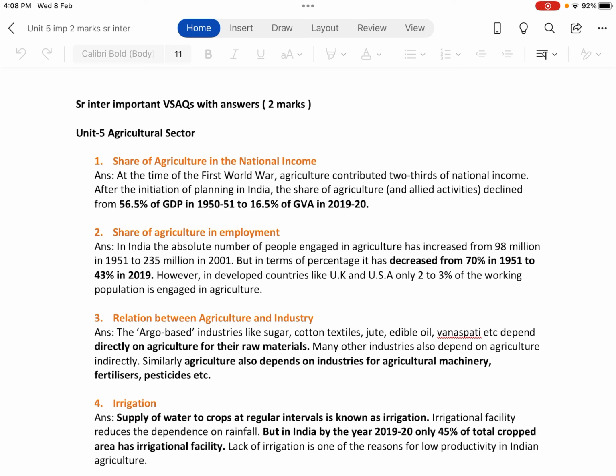So GDP, the gross domestic product, nowadays instead of GDP, the Central Statistical Organization is using the concept GVA, that is the gross value added.